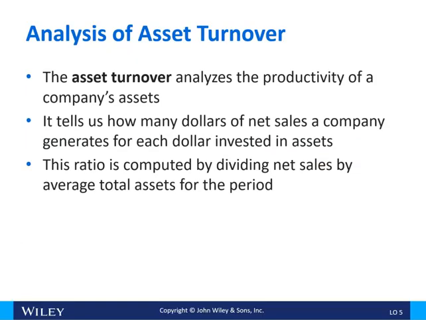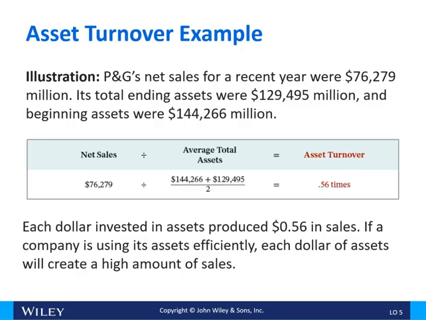We'll look at an example. Procter & Gamble's net sales were $76,279 million. Ending assets were $129,495 million, and beginning assets were $144,266 million. Okay, so we've seen this before where we take a simple average of the assets and we're going to take net sales divided by that average. In this case, we get 0.56 times is the asset turnover.